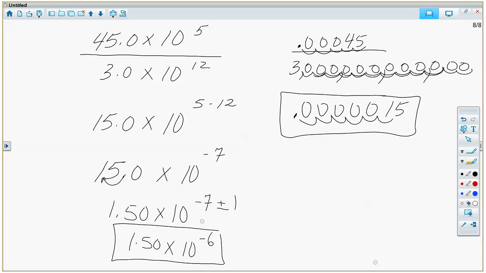Now, why is this interesting? Because once you get used to doing this, do you have to do it on paper? You do it in your head, and then people start thinking you're a genius, because you're doing them in your head.